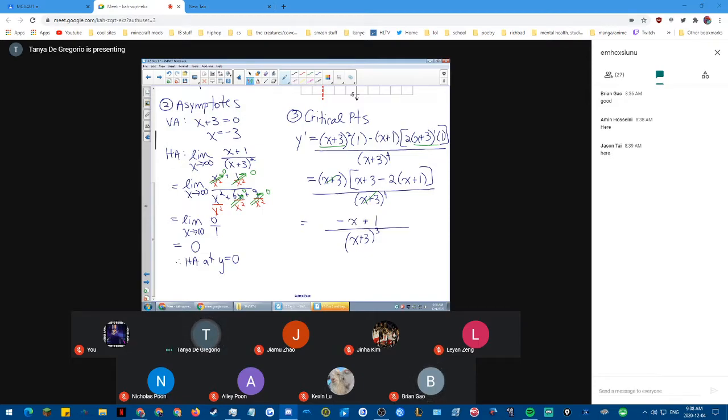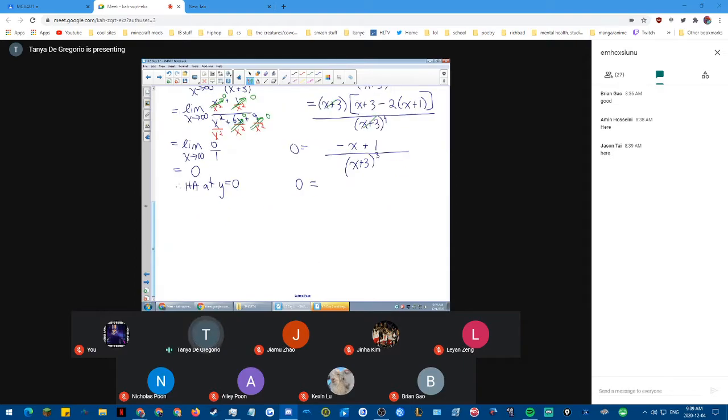Yeah, thank you. Okay, so now we set this equal to 0. And I only care about the numerator, so 0 equals negative x plus 1, and so x equals 1. This is either a max or a min potential.